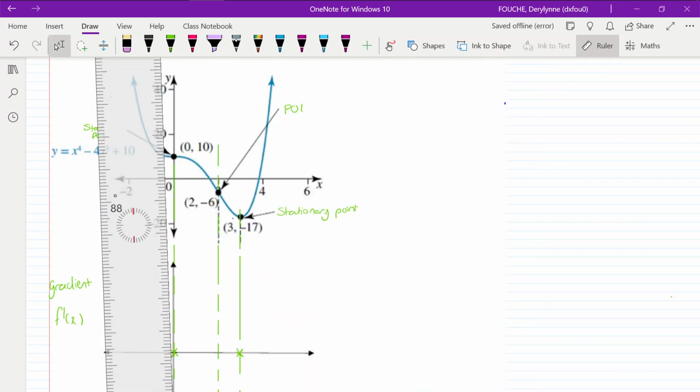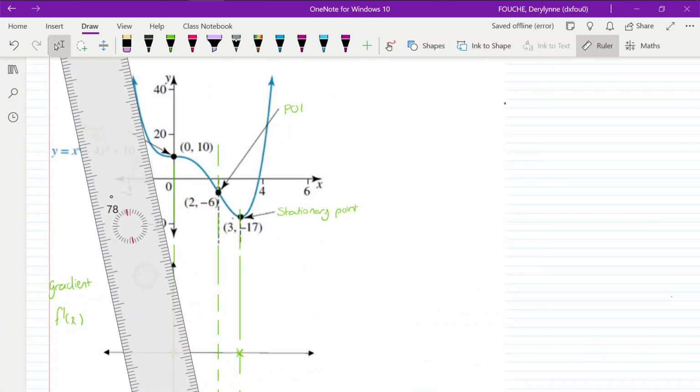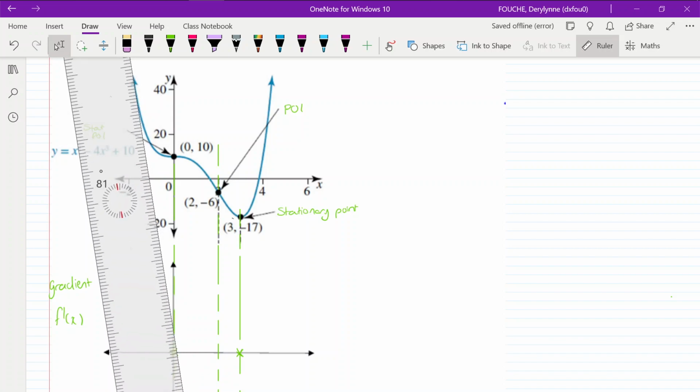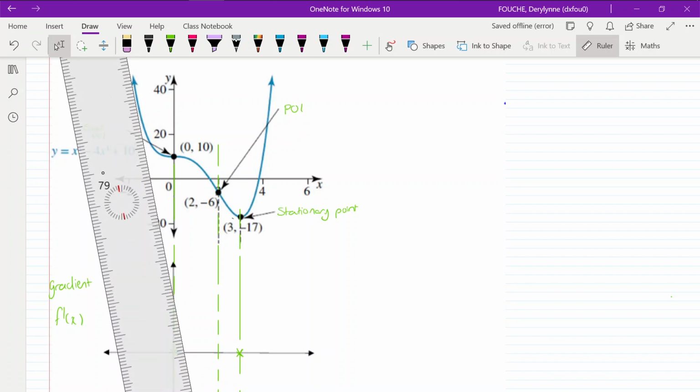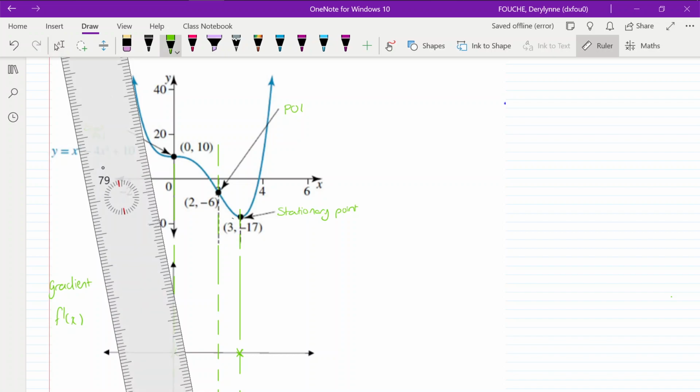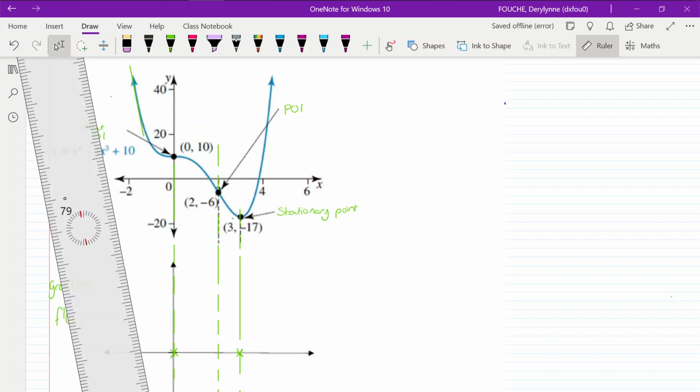Now what I thought might help is if I draw a few strategically placed tangents on my function and give those tangents made up gradients. So if I draw a tangent over here, just touching the line, hopefully you can see it has quite a steep negative gradient, so I'm going to make that gradient negative 10.